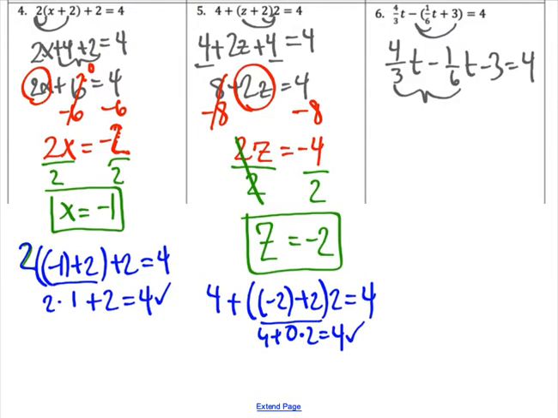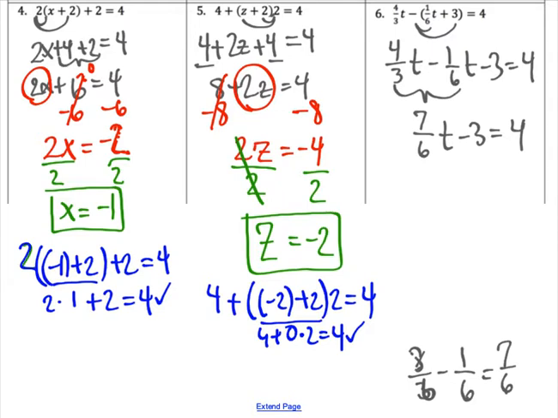Well, 4/3 is the same as 8/6, sorry, common denominator. 8/6 minus 1/6 is 7/6. So we get 7/6 t minus 3 equals 4.